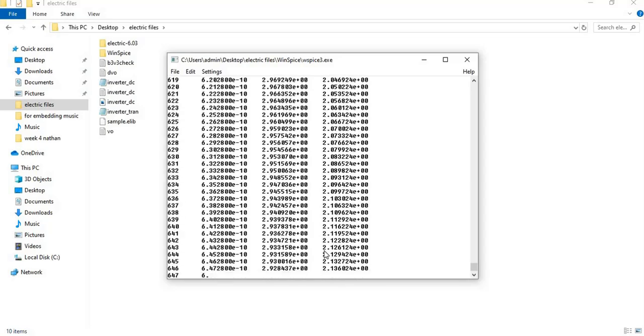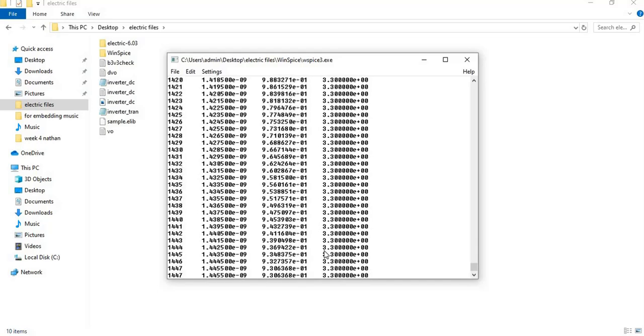Since the value is very small, just increment it by 1 pico at a time. It would take some time for it to finish. The smaller the value, the more accurate your waveform will be. Sometimes you can just increase that value if you only need to determine whether your output waveform is correct or not.